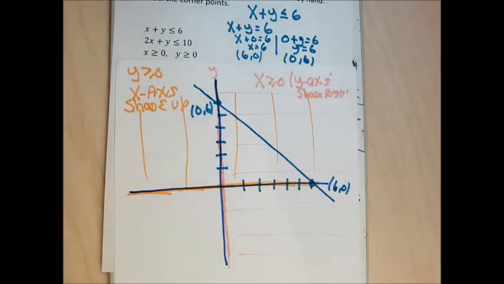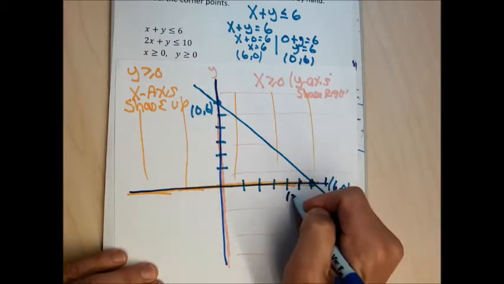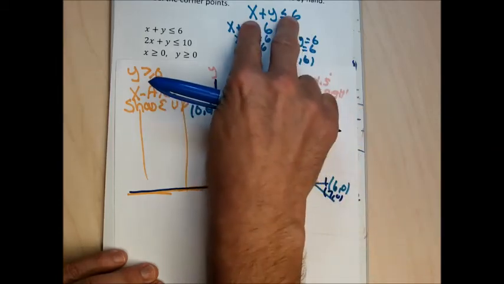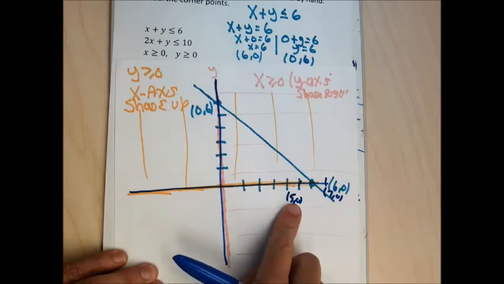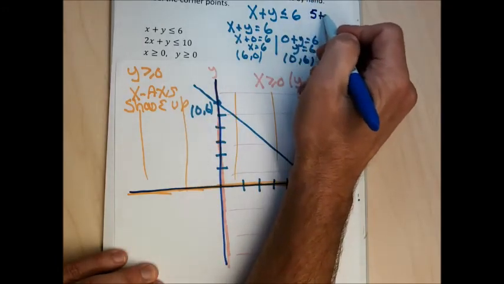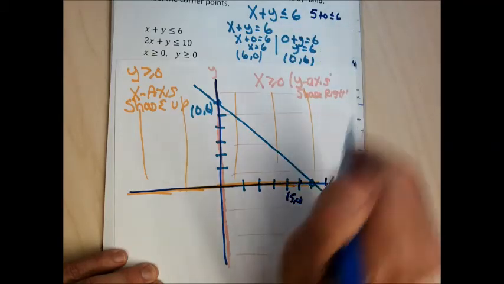And I'm going to figure out which way to shade by plugging in 2 points. I'm going to plug in the point 5, 0 and the point 7, 0 into x plus y is less than or equal to 6. So the first point I'm going to plug in is 5, 0. Is 5 plus 0 less than or equal to 6, plugging in 5 for x and 0 for y?